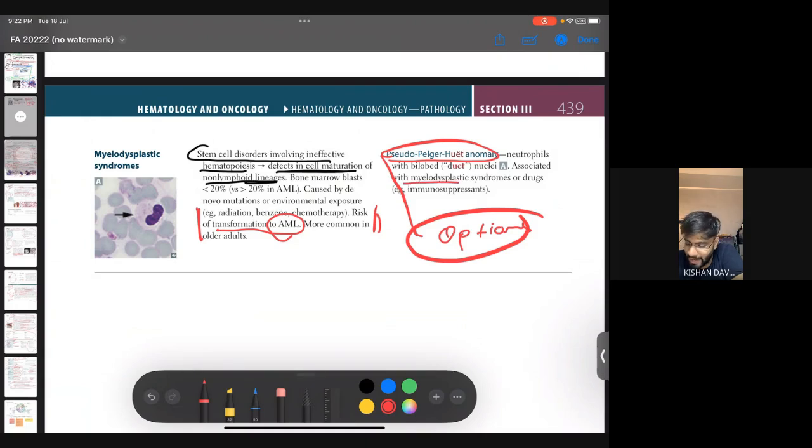We don't have to do anything over here. They will give you a slide showing neutrophils with bilobed nuclei. If neutrophils had many lobes, it would be hypersegmented neutrophils, seen in megaloblastic anemia. But here two lobes are there in the neutrophil nucleus, so if two lobes are there, think about pseudo Pelger-Huet anomaly.